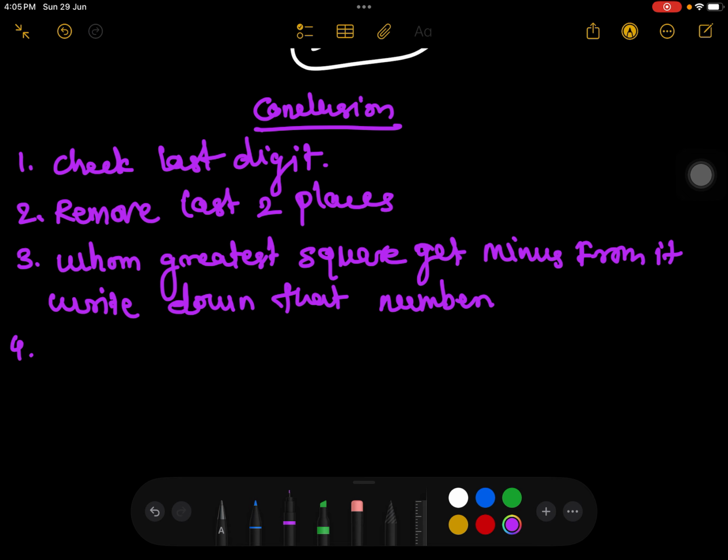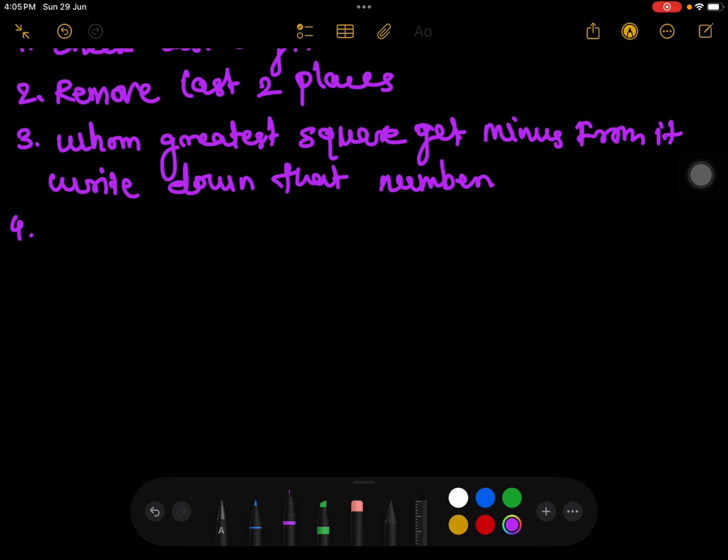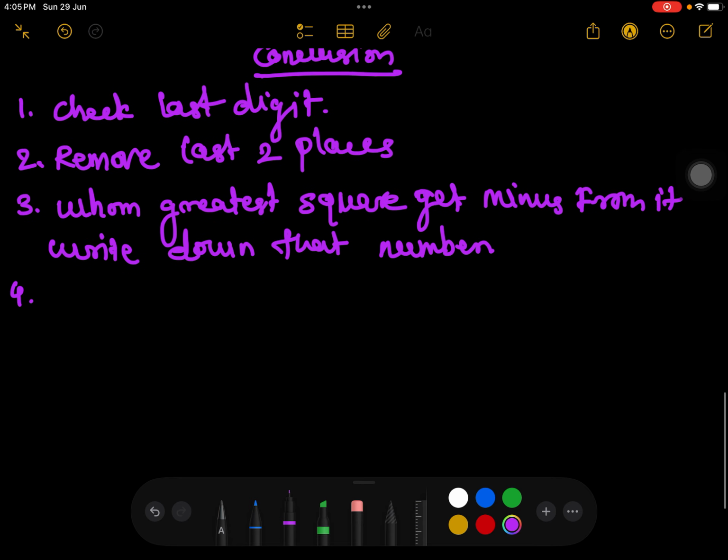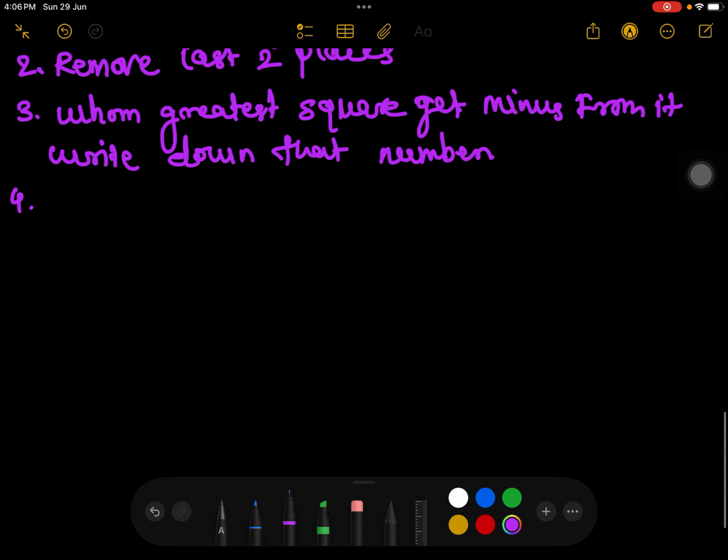Fourth step: to decide which digit to take from the last digit, we have written down two options.